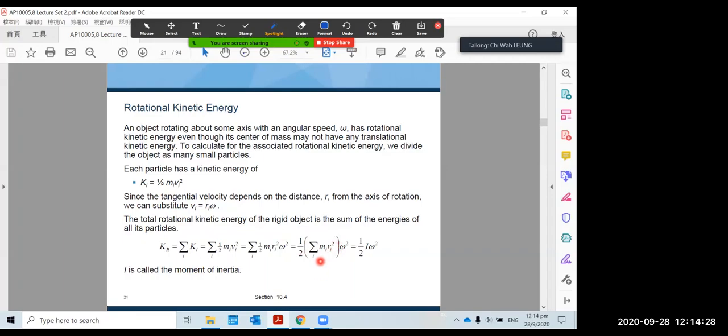Let us replace it by a symbol called I. This I is the corresponding inertia in rotational motion, and we call it the moment of inertia. It corresponds to the inertia of an object during rotational motion.